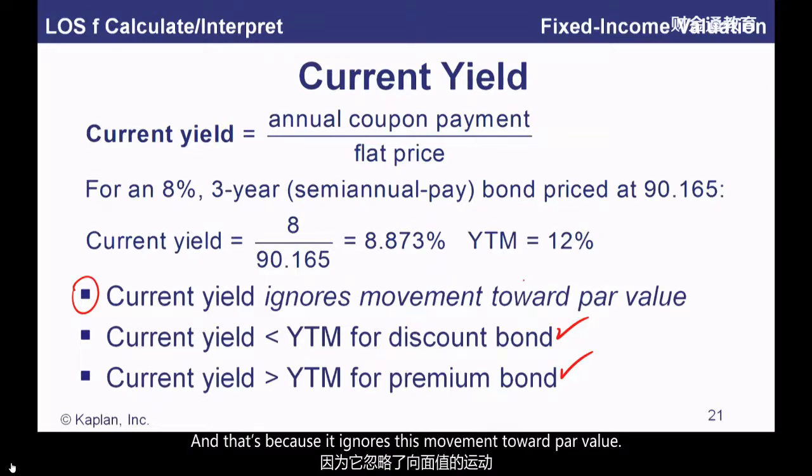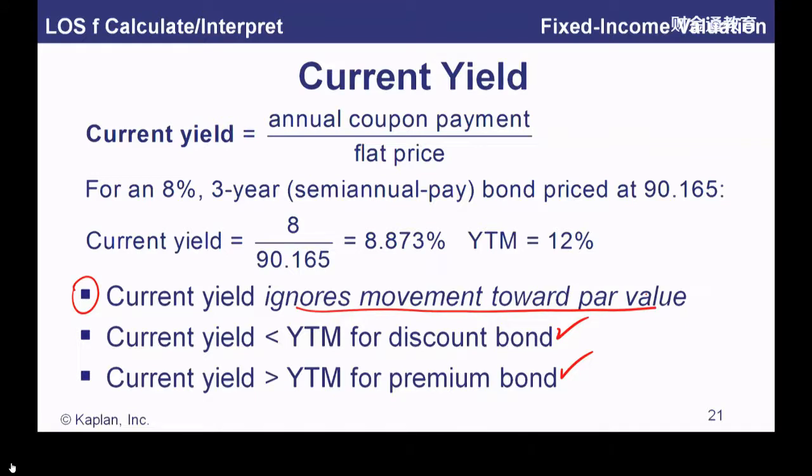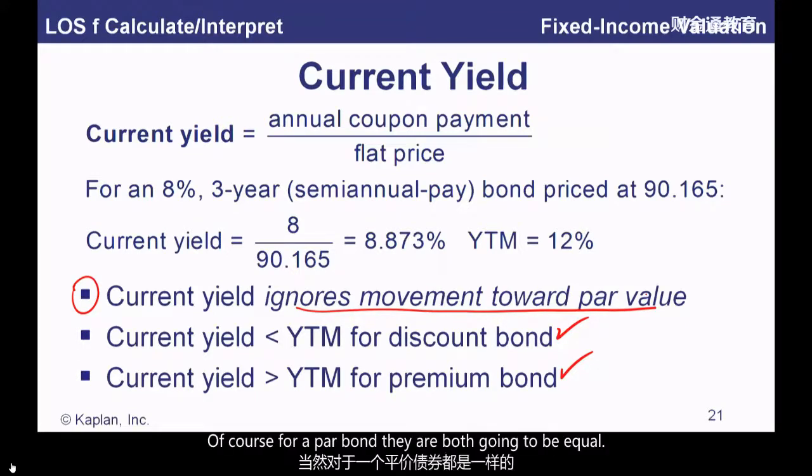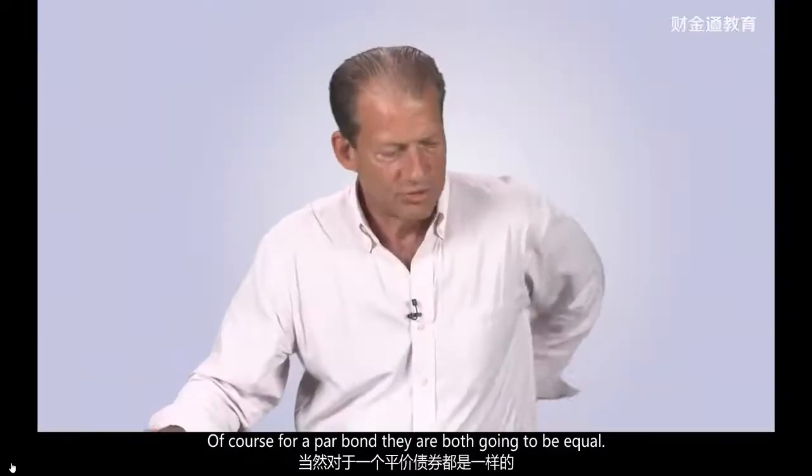And that's because it ignores this movement toward par value. Of course, for a par bond, they're both going to be equal.